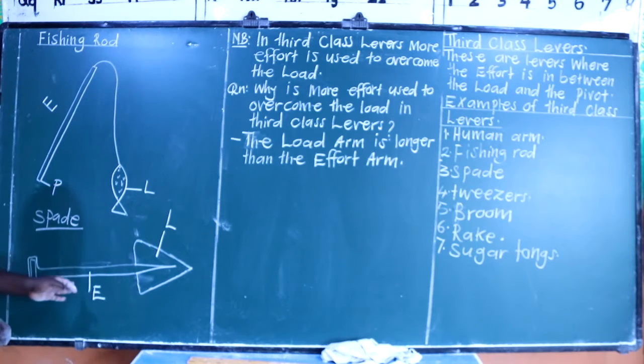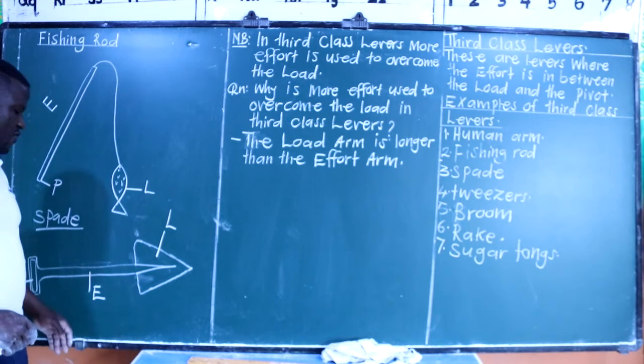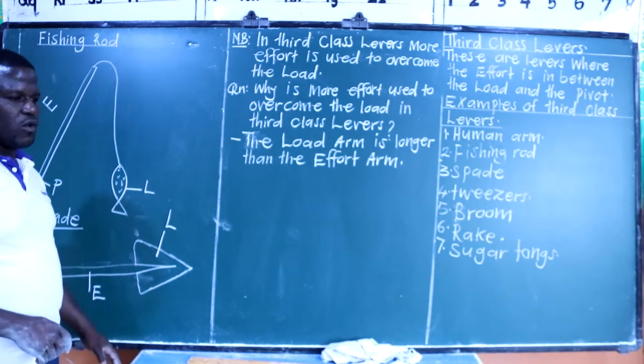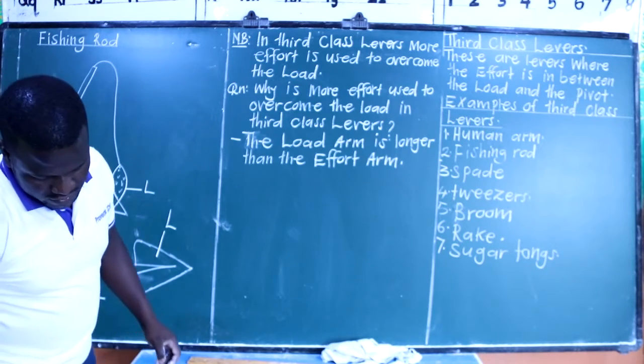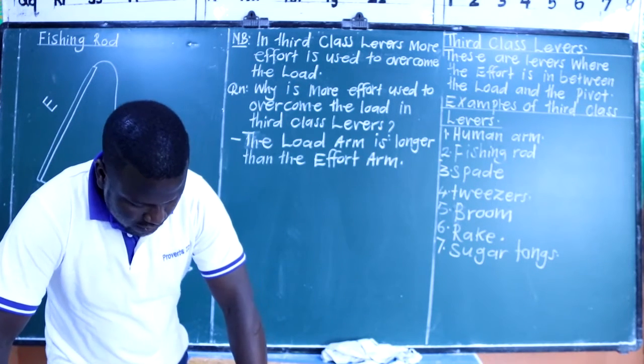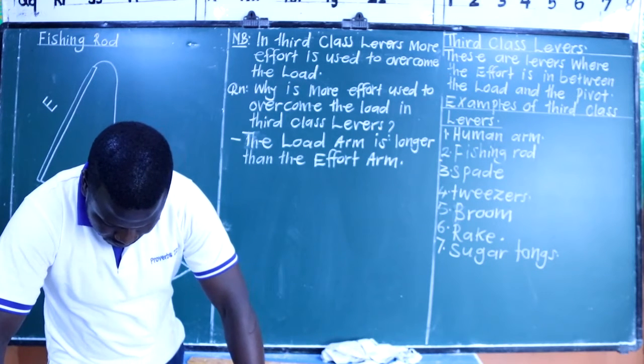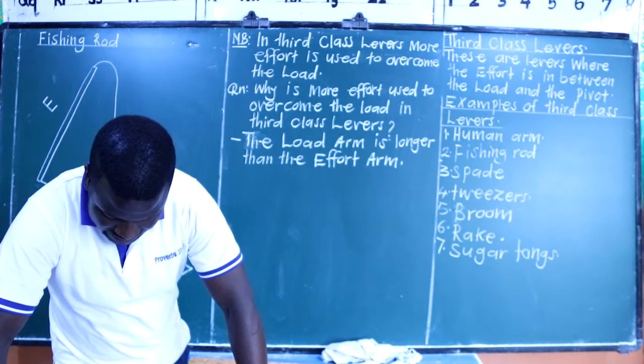Then effort to pivot, that is the effort arm. So when the load arm is longer than the effort arm, more effort is used to overcome the load. And that's the disadvantage.